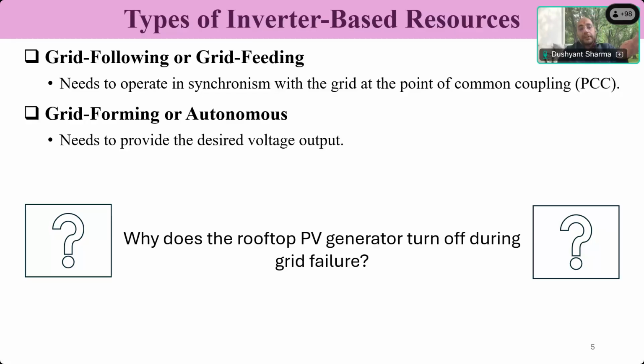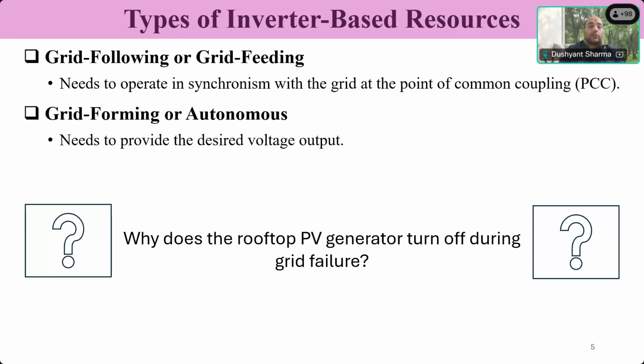But if the grid is out, there is no voltage. That means there is no voltage to synchronize with. As I told, any local generator has to synchronize with the grid. So there is no reference with which it can synchronize. And because there is no reference, its controller will turn it off.